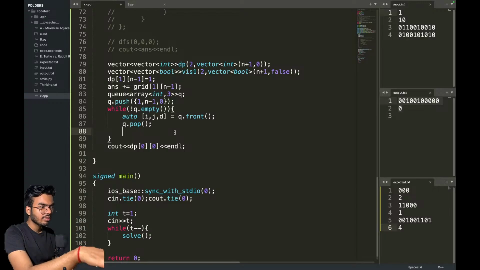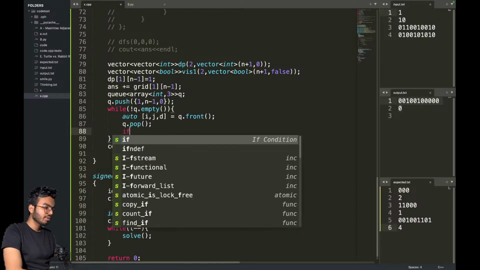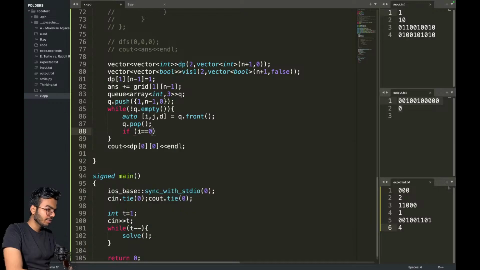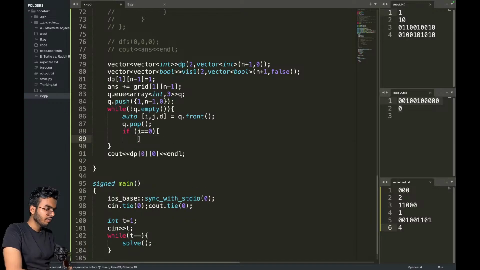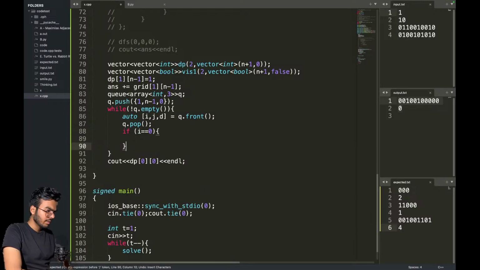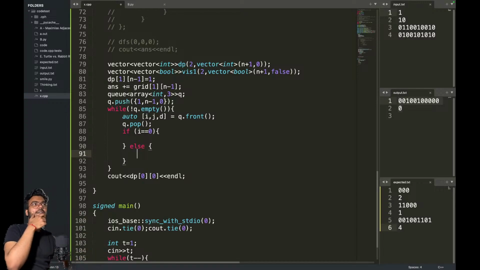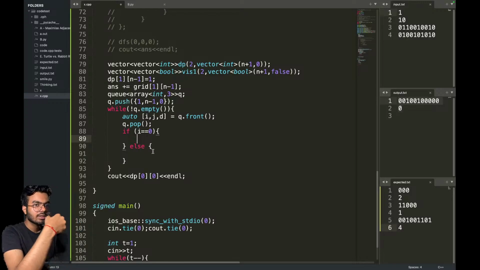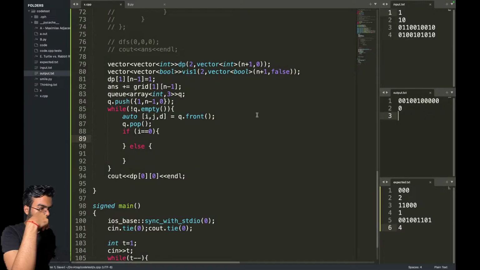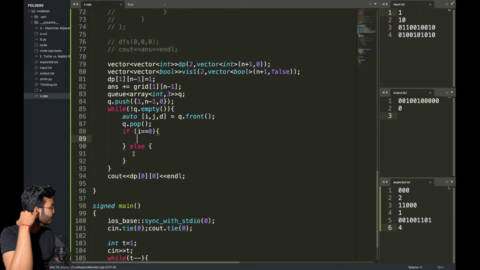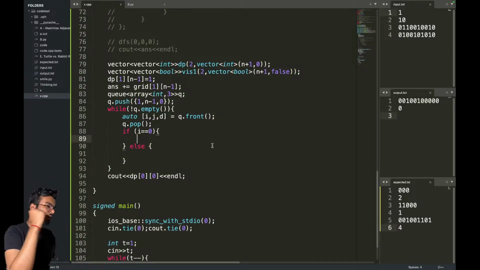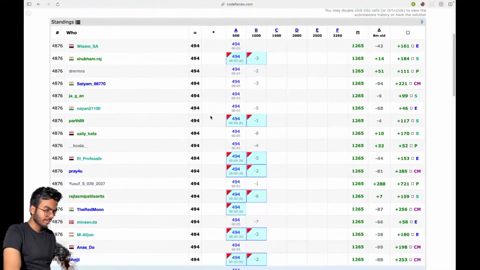So if I'm at 0, I have two choices. If i equals 0, I will do something, else I will do something, right? So what I can do is if I can get a 0 somewhere, no, I don't think I can do it that way.